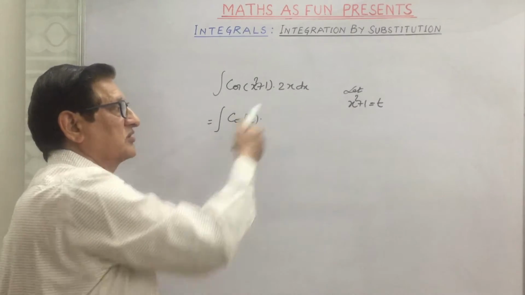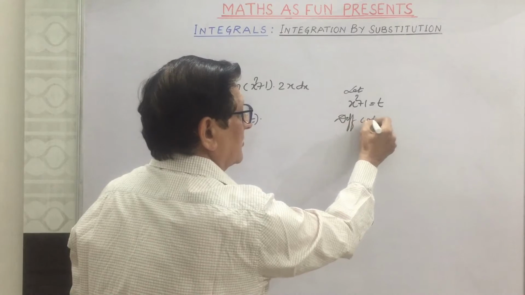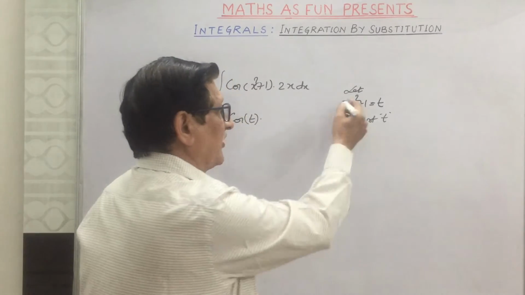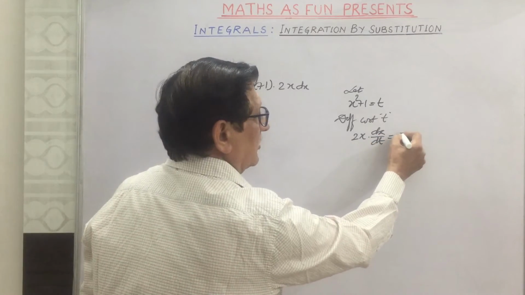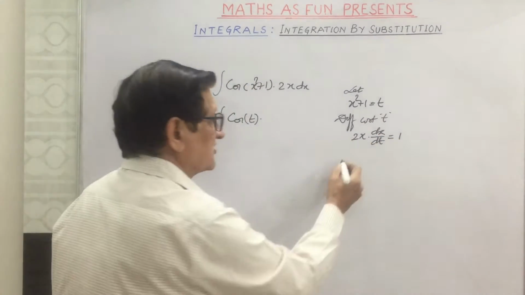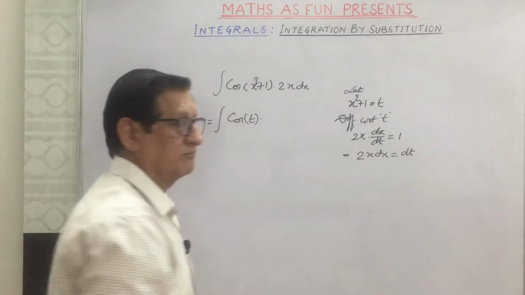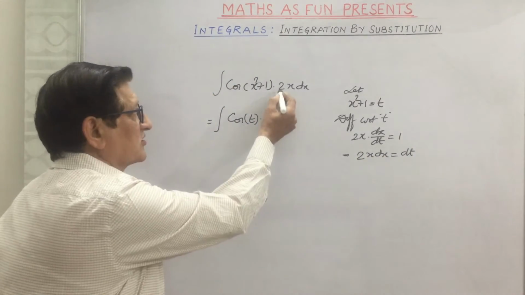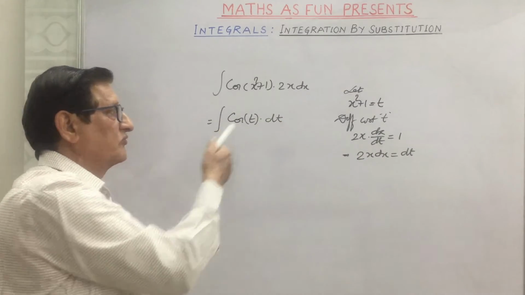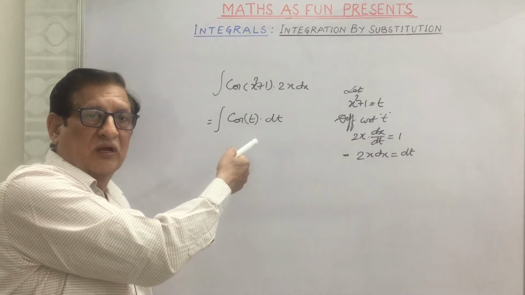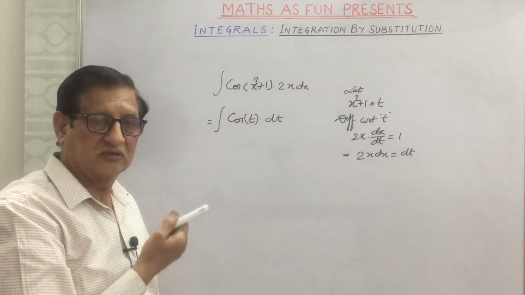But what about 2x dx? If we differentiate this with respect to t, we will find 2x into dx upon dt equal to 1. It means we can write that 2x dx is equal to dt. So this 2x dx can be written as dt here. Now it is a function of t in the standard form, and we know the integral of cos t is sin t.